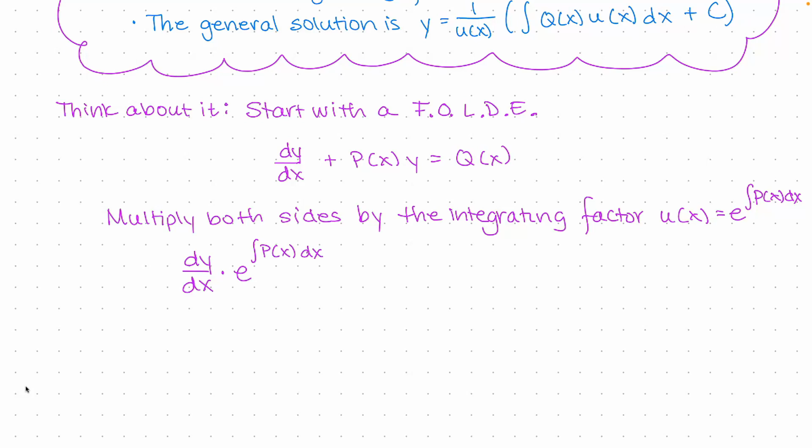So anyway, we have that plus p of x y e to the integral of p of x dx equals q of x times e to the integral of p of x dx.